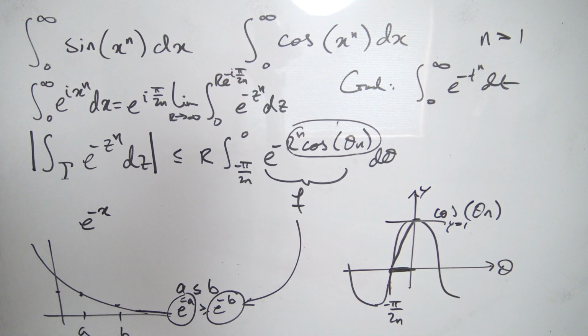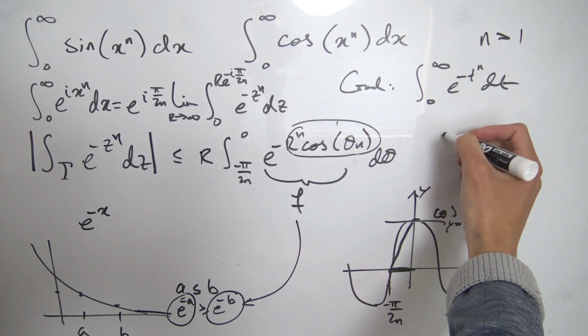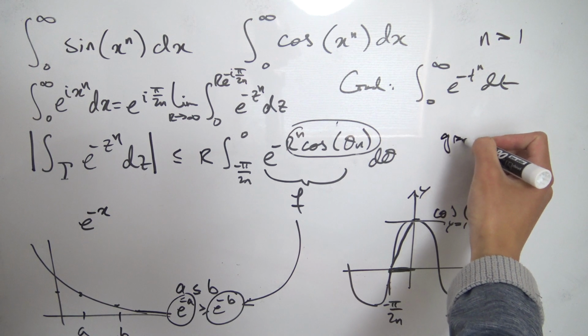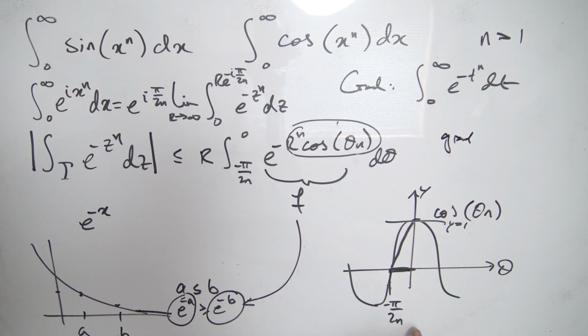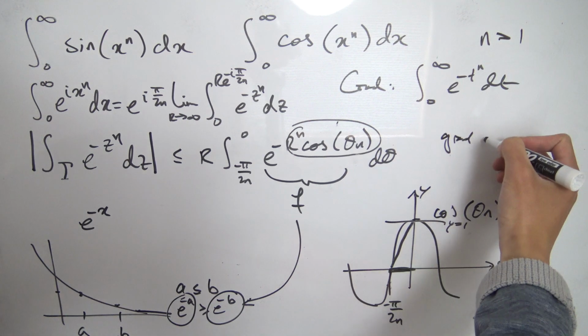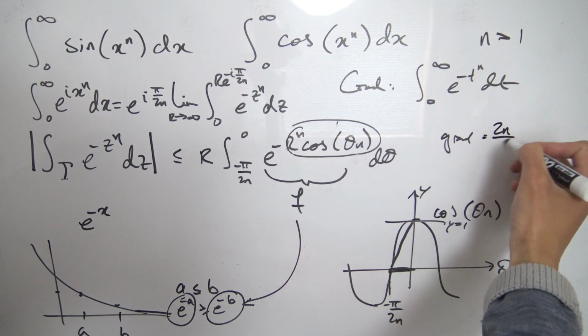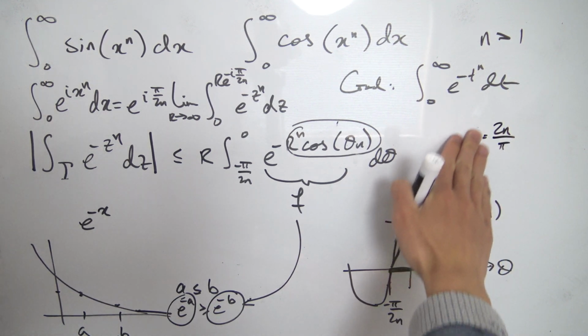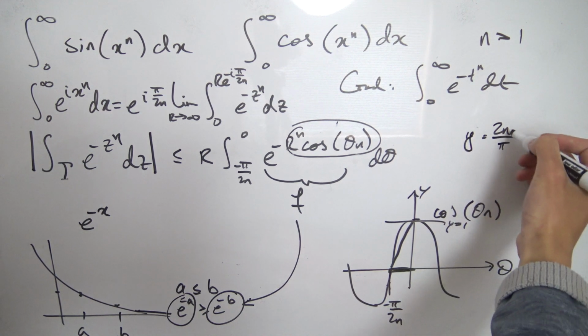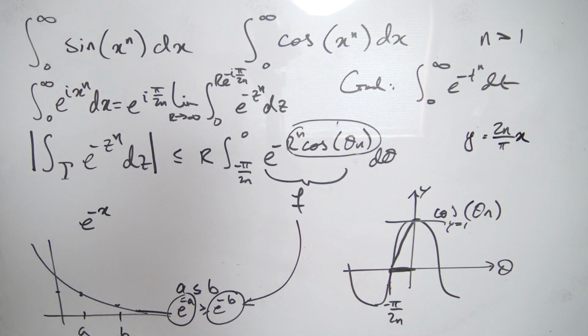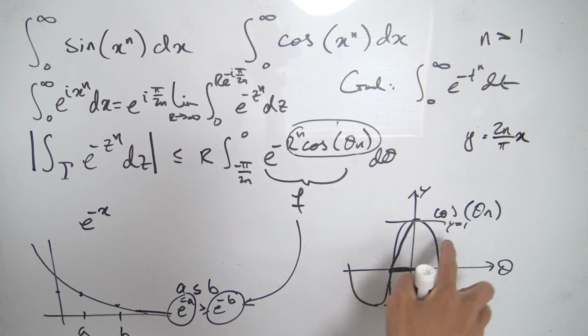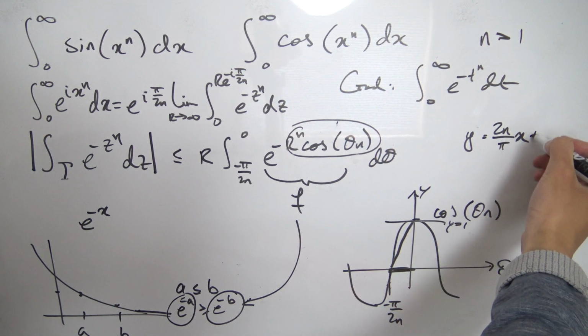And you also have the x-intercept, which is minus pi over 2n. If you take a look at the gradient, gradient is rise over run, so 1 divided by this run gives you 2n divided by pi. So y is equal to that gradient times x plus the constant, but the constant is exactly the y-intercept, so plus 1.